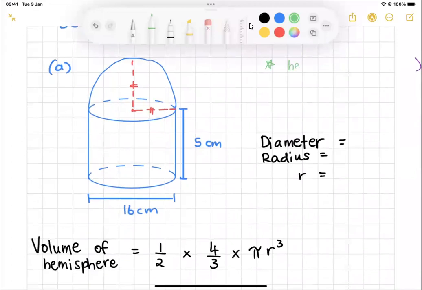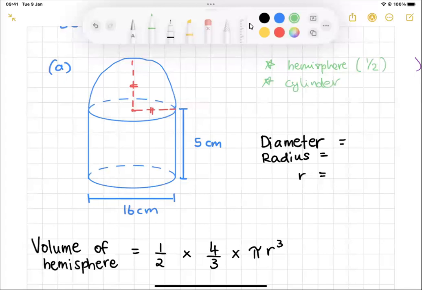What I call that is a hemisphere. I'll put in brackets, hemisphere means half of a sphere. Now, what else can I see? I can see a cylinder, and that's all. I don't see any other solid or shape other than those two.